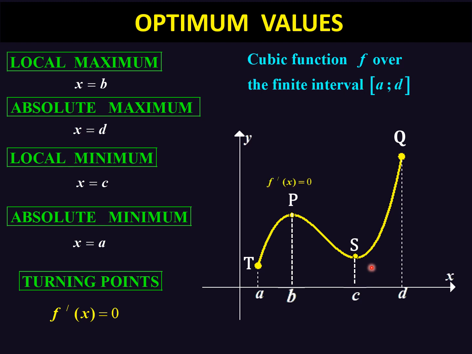And then at the local minimum, we also have the first derivative equal to 0. So to determine local maximums and local minimums, this is the key: we determine the first derivative and equate it to 0.